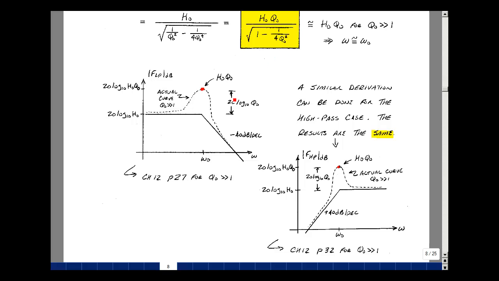The distance between these two, since this is in dB, is 20 log of H naught times Q naught, and you could write that as 20 log base 10 of H naught plus 20 log base 10 of Q naught, and this is just the H naught term. The difference then is the value of Q naught in dB. This is similar to the picture on page 27 if I drew it for Q less than 1, just underneath the asymptote. Do the same thing for the high pass filter, and you find a very similar result. This is supplemental problem 12.3.